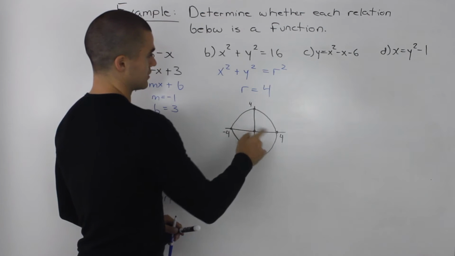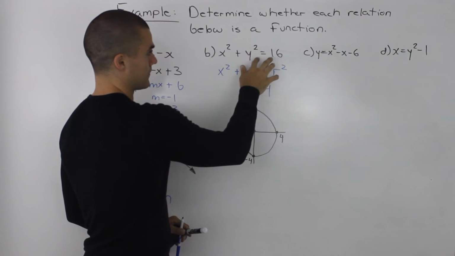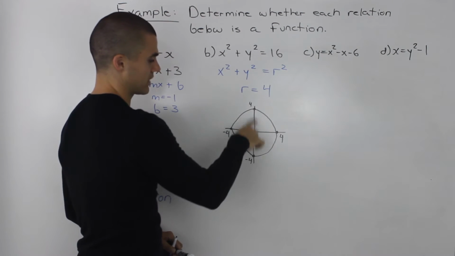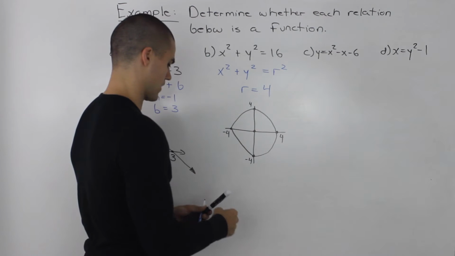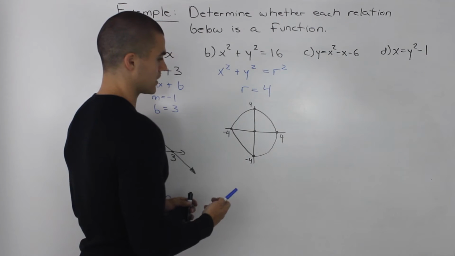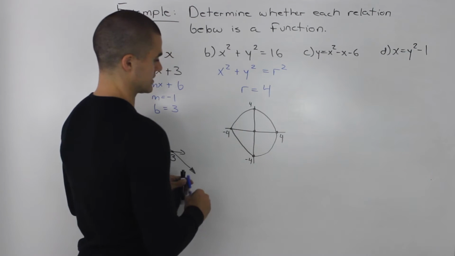Now you could also get these intercepts by plugging in 0 for x and y, and then solving for the other variable. You would always get plus or minus 4 for the intercepts. Either way, this is the graph of this equation. So to determine whether it's a function or not, let's just run the vertical line test on it.